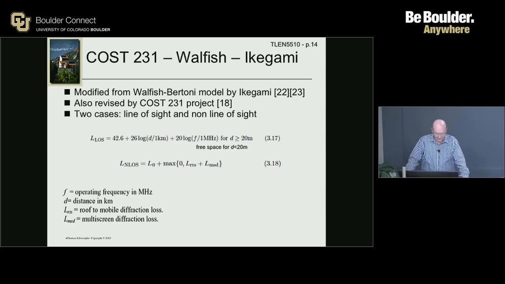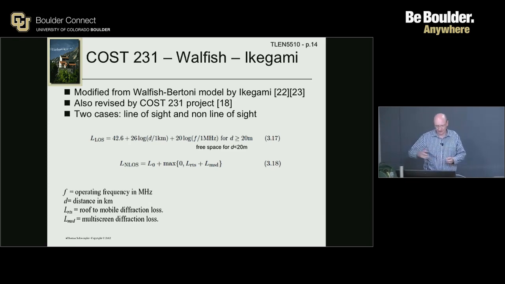And the other thing they said that's not in the Hata model is that it pays to separate line of sight versus non-line of sight. Things happen very differently when you're in line of sight to the base station. In line of sight, they said it's a pretty simple model: 42 plus 26 log D plus 20 log F. Below a certain distance of 20 meters, it's usually just like free space.